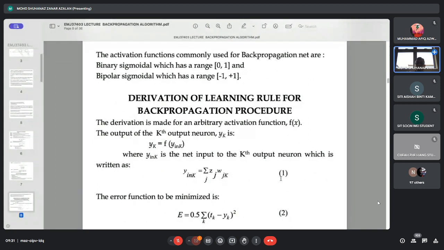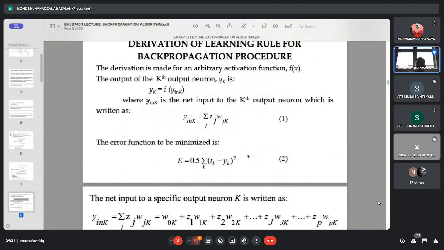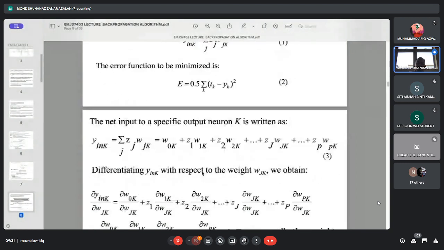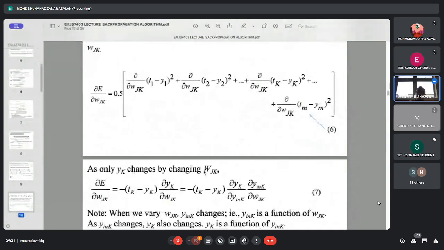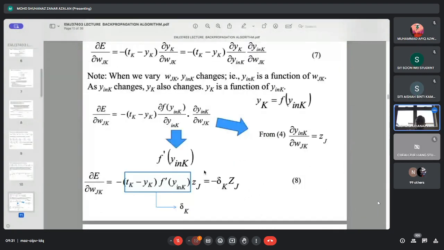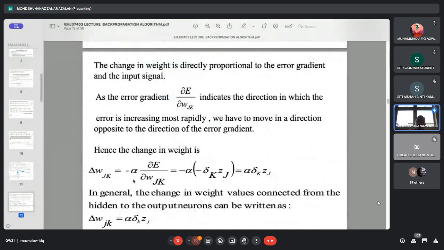This is just to show you how the learning rules are derived. You can go through this by yourself, but we just want to use the final equation here in order to update the weightage.